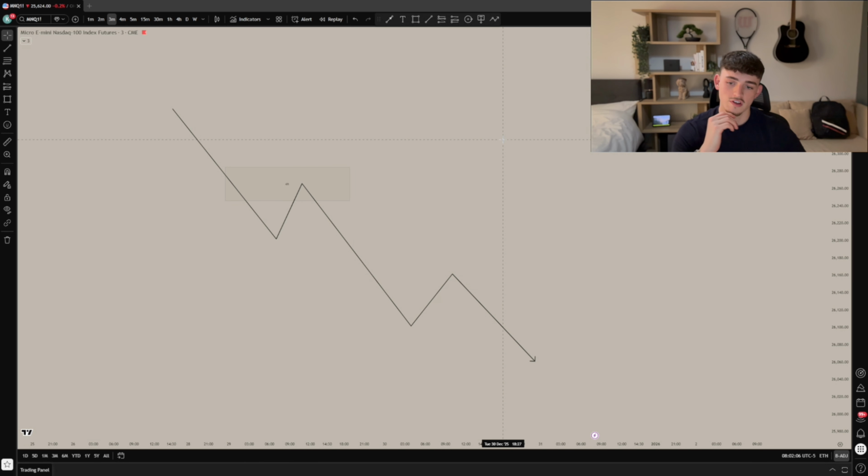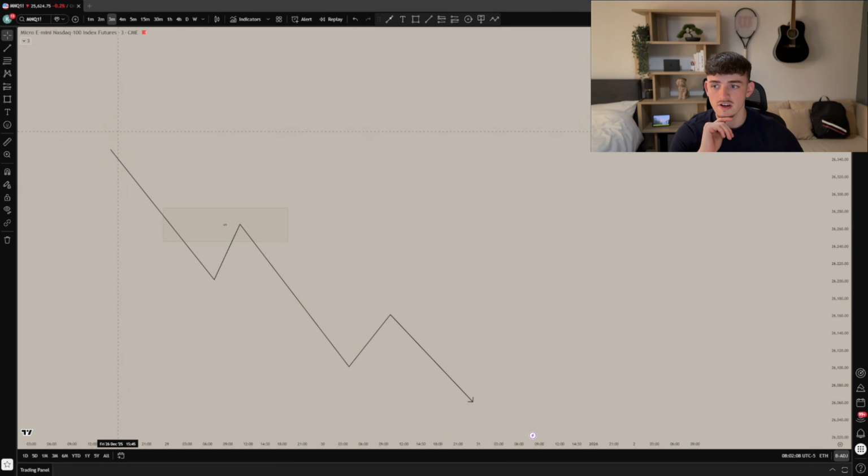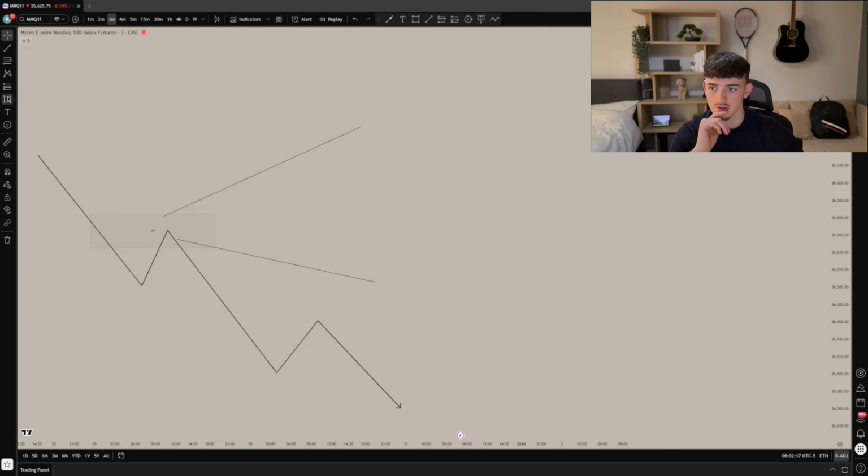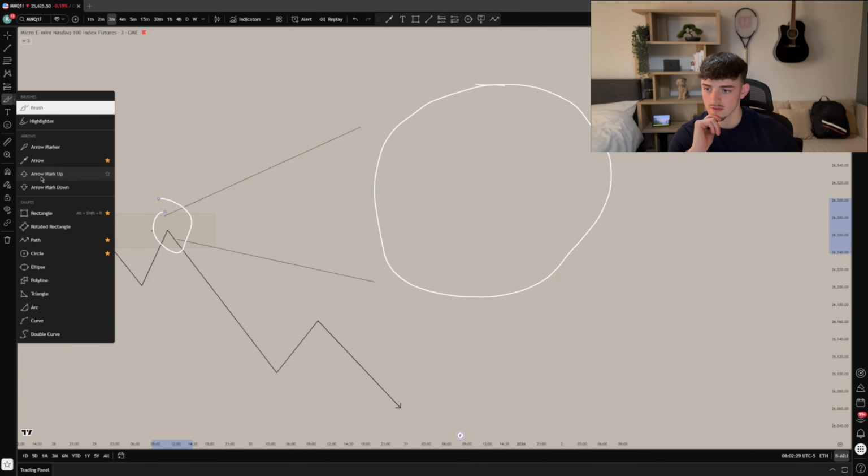There we go, so 4 hour fair value gap. Now inside of here, I'm just gonna do a quick circle. Okay, so inside of this point here, you will have on the lower time frames this.